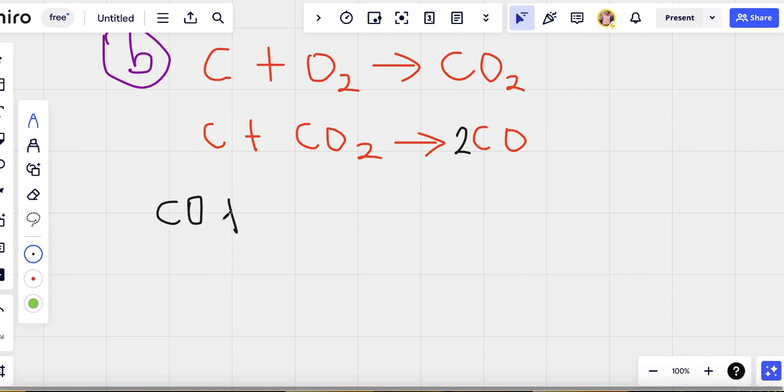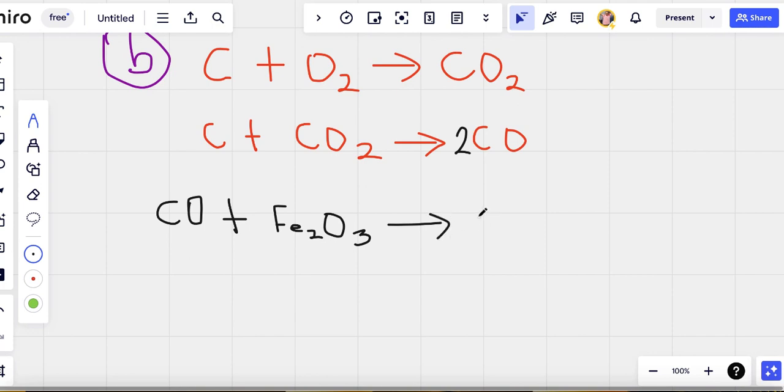react with the iron 3 oxide, to form what?